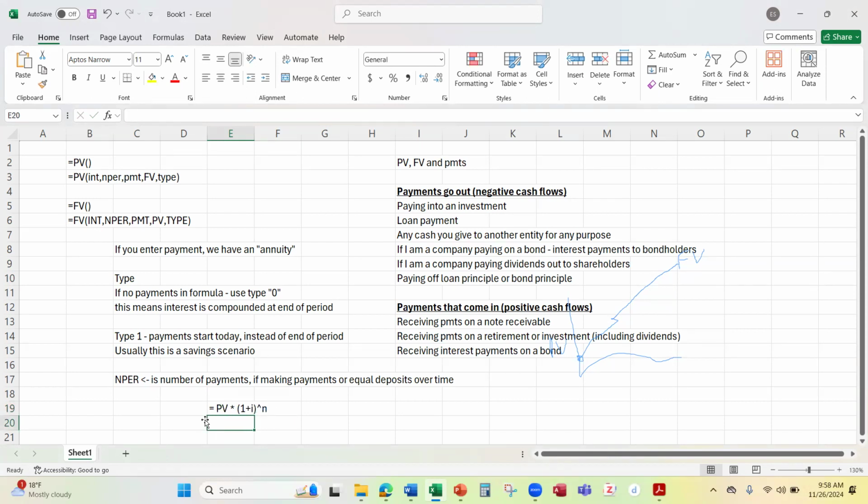That is the future value calculation there. And if we take that same formula, if I take this future value, let's do some algebra here, right?